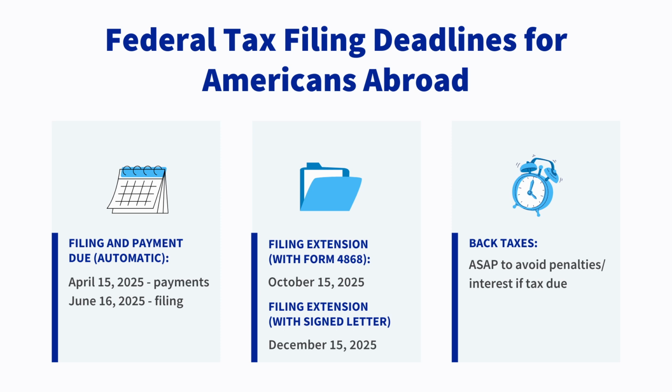Of course, if it's late, there are ways that we can add a reasonable cause statement, which we'll do for you at MyExpatTaxes, etc. But try not to be late. And of course, if it's October 15th and you still don't have your financial statements, or we just ran too close against the clock, what we then recommend is one final extension to December 15th so that you can get all your ducks in a row and make sure that you are compliant.